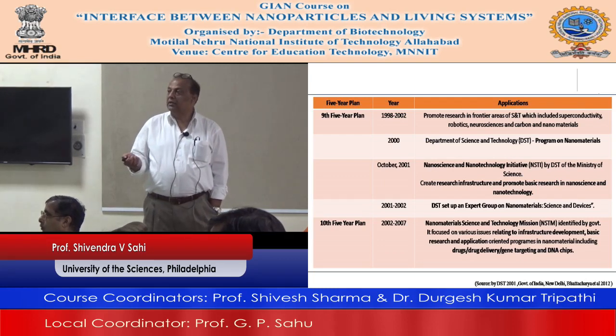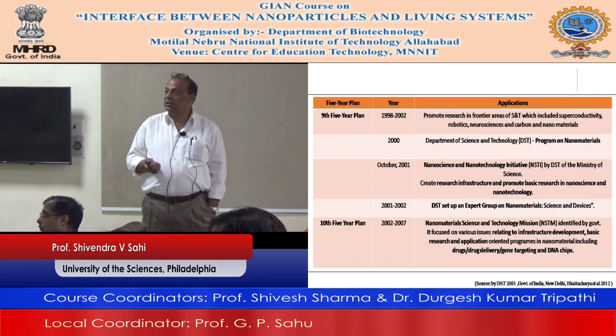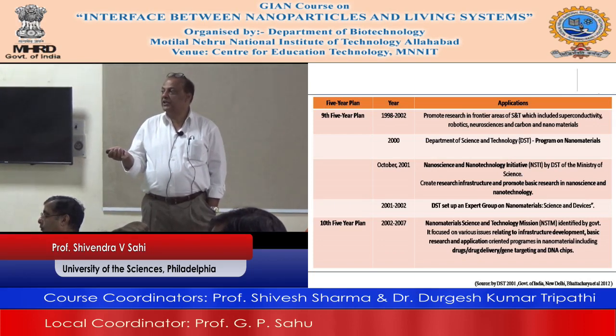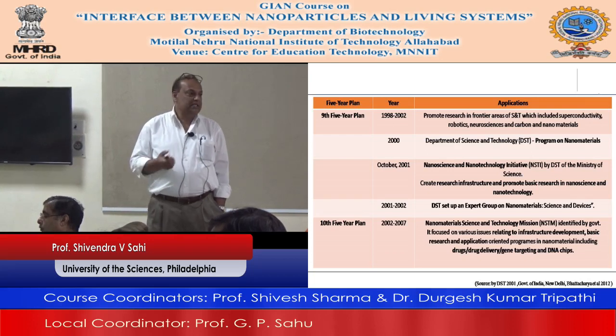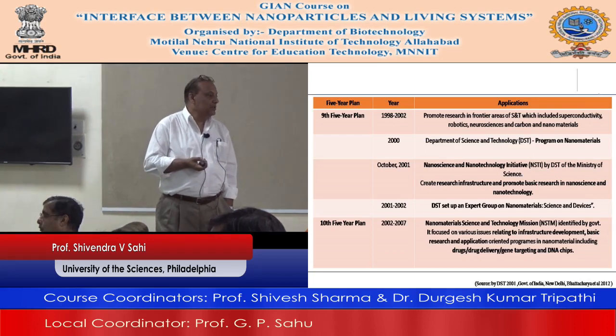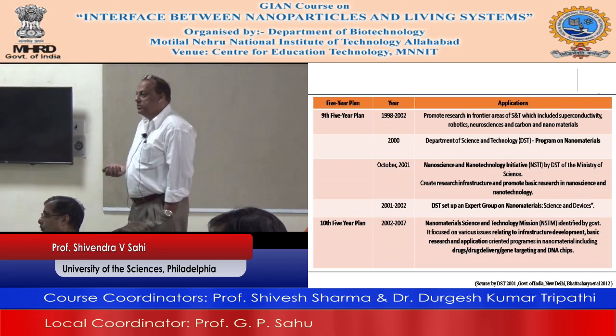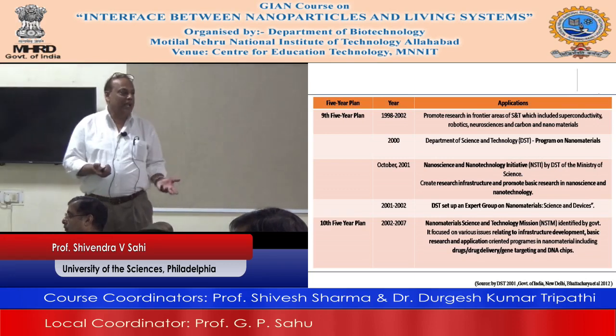In the 10th 5-year plan, there were a lot more things here. The Nanomaterial Science and Technology Mission was identified, relating to infrastructure development, basic research and application. So you need to develop the basic research, and then how do we apply that?